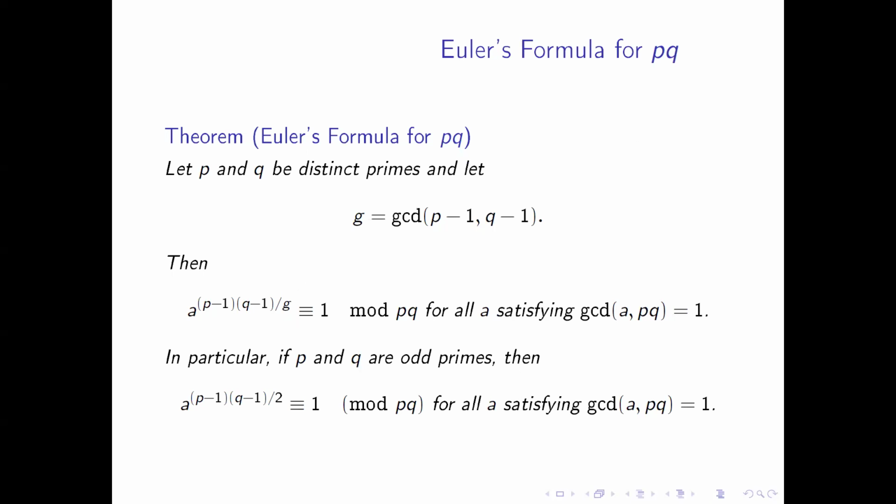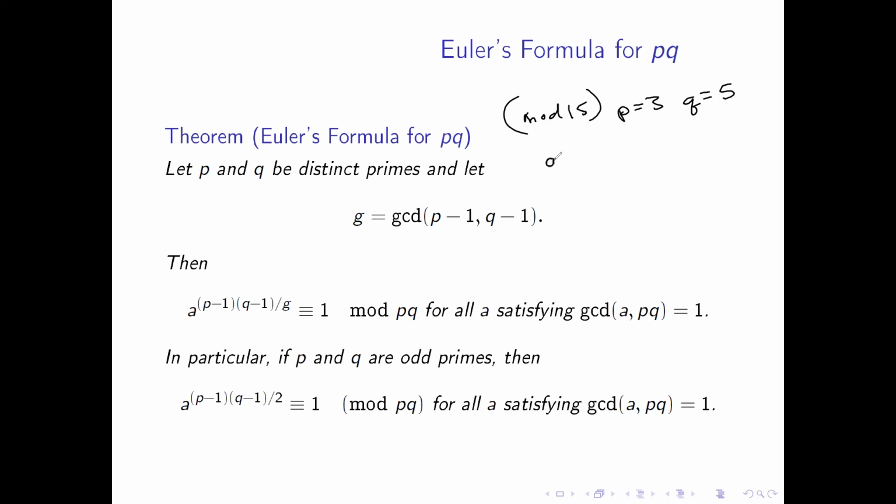So what does this mean in terms of our last example that maybe you were seeing on the board? Remember our last one, we did it mod 15, which meant P equaled 3 and Q equaled 5.